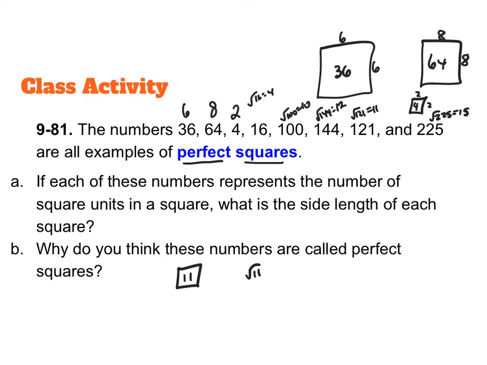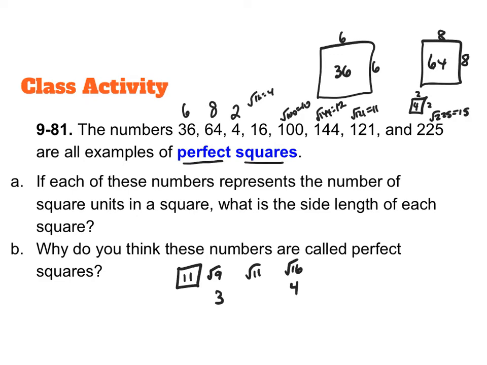But we can use perfect squares to figure out what it's in between. So if I look at the square root of 16, that's a nice number, the square root of 4. The square root of 16 is more than the square root of 11. And the other one that would be just below would come from the square root of 9.